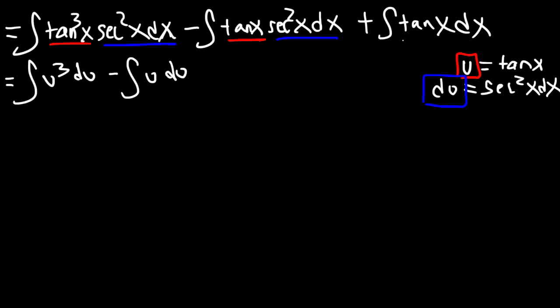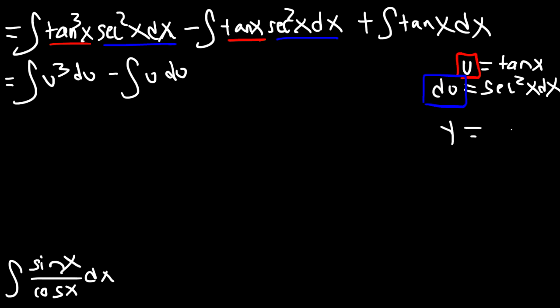Now, let's focus on tangent. So tangent, I'm going to write that as sine x over cosine x. And I'm going to use u substitution, but let's use a different letter than u. Let's use y.